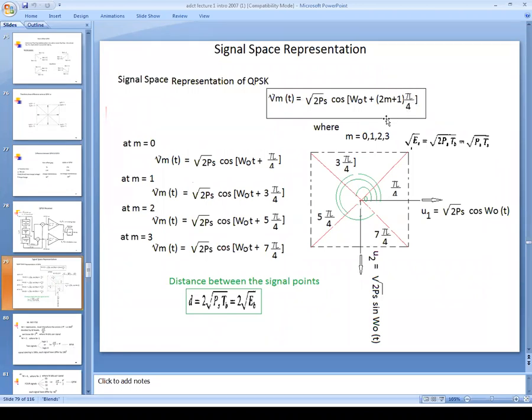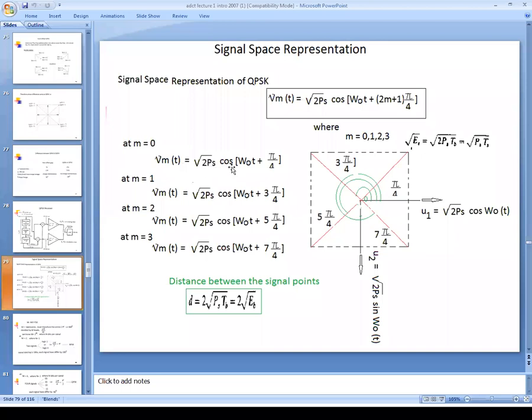In place of theta there is this term; this is the equation, with m equal to 0, 1, 2, 3. First signal, second signal, third signal.